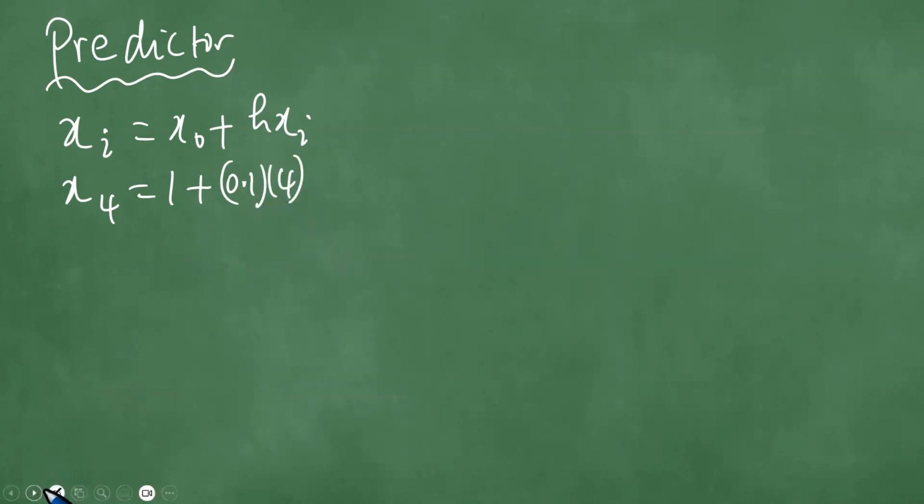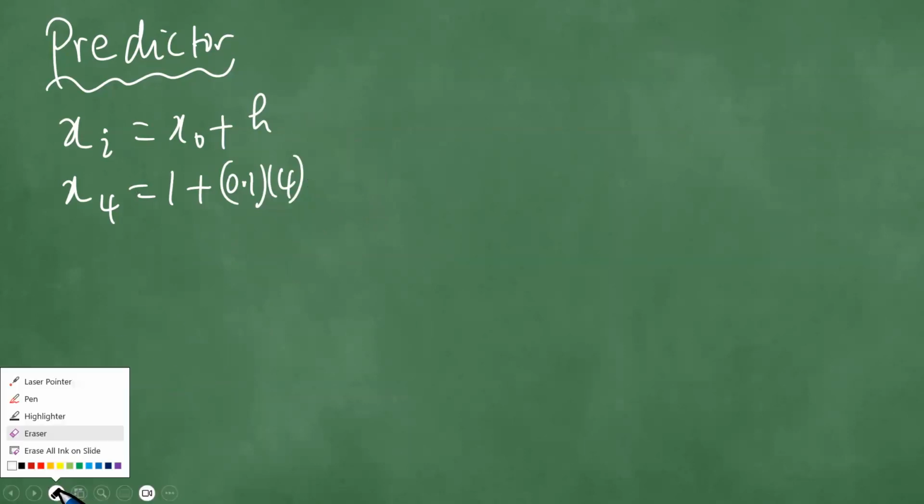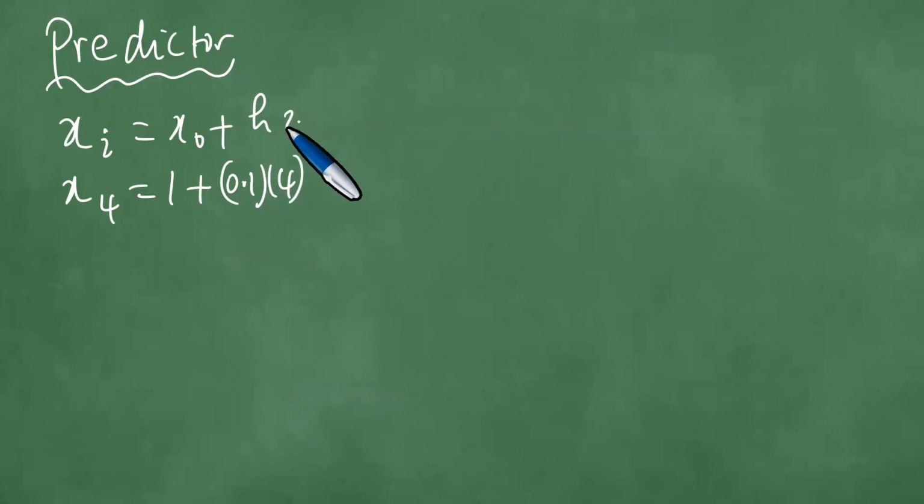So when i is 4, therefore here it is 1.4.